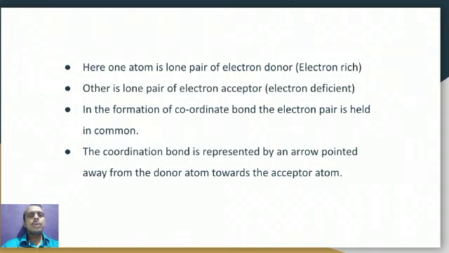The atom which is electron rich shares the lone pair of electrons, and the electron deficient atom takes the lone pair of electrons, that is the acceptor. In the formation of coordinate bond, the electron pair is held in common, and the coordinate bond is represented by an arrow pointed away from the donor atom towards the acceptor atom.